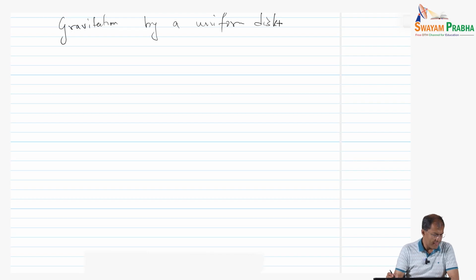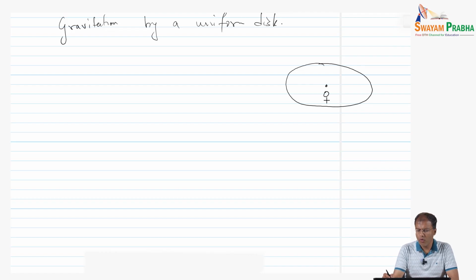Okay. So now, instead of a rod, we have a disc with center, let's say, O, and now the disc is interacting with the particle P, which is kept at a distance small b, perpendicular to the uniform disc, right?